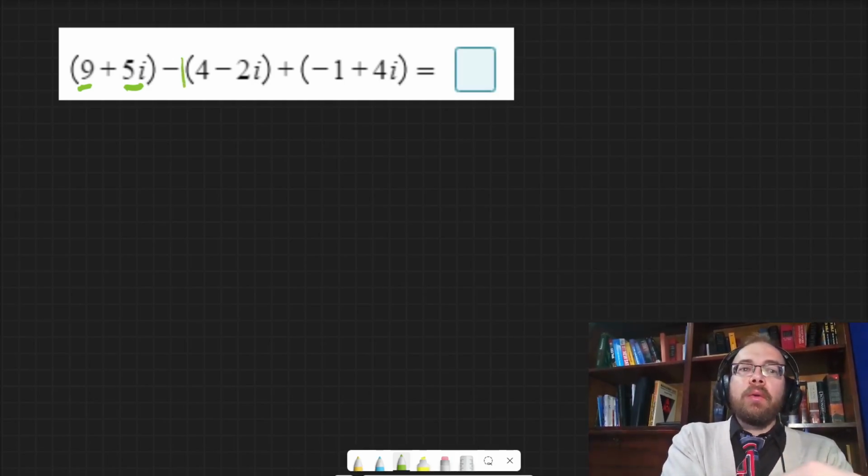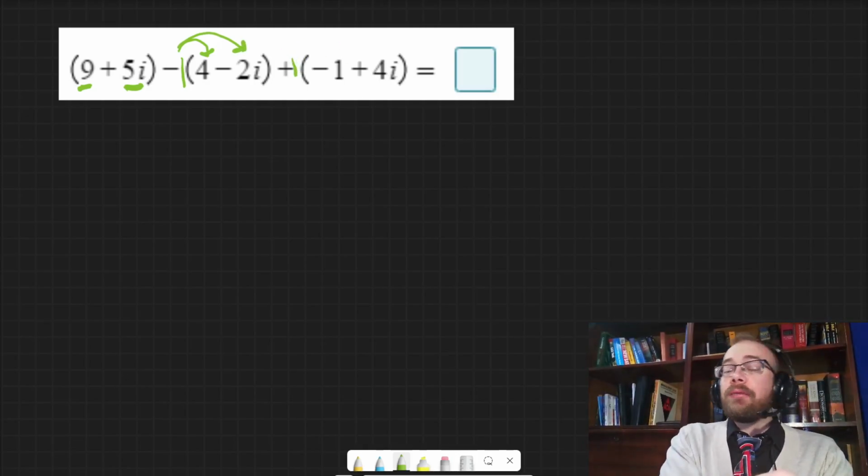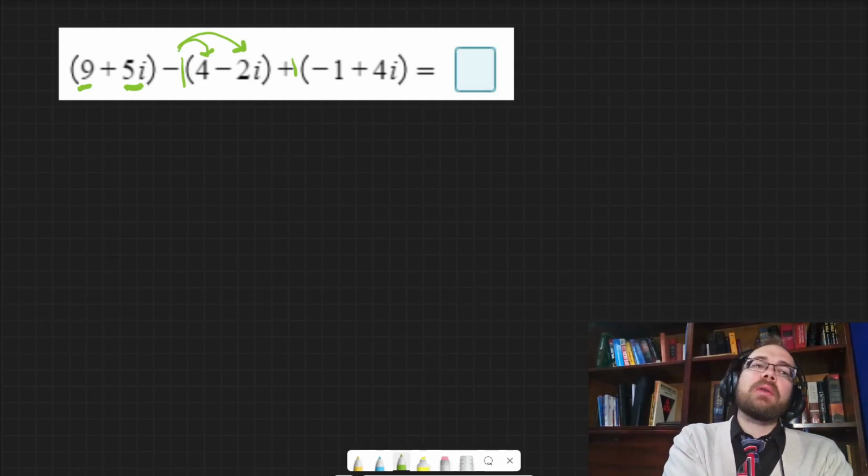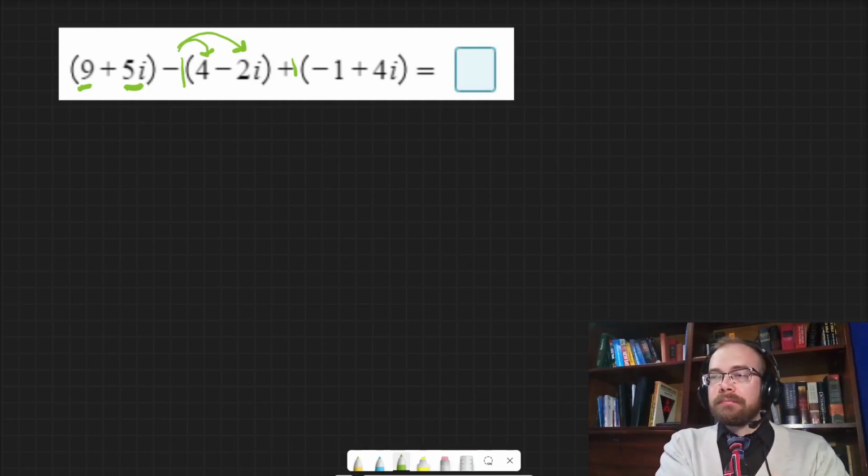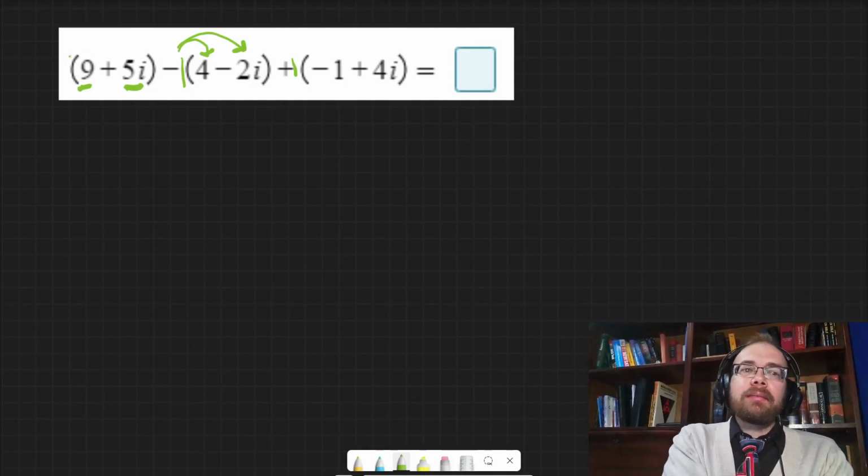This one has a 1, little ninja over here. So we're going to have to distribute that negative. But over here, I mean, there's a ninja right there, right? But 1 times anything is 1. Negative 1 times something, though, changes the sign. So it's important that we distribute that one. But the first one and the third one doesn't really matter.